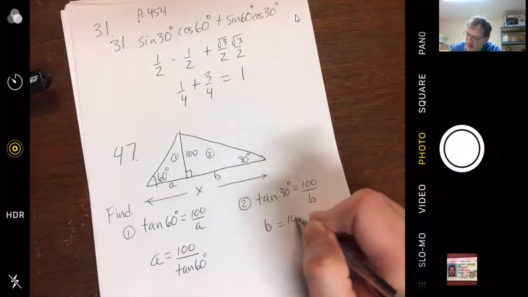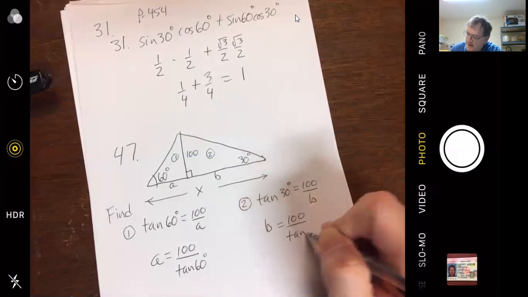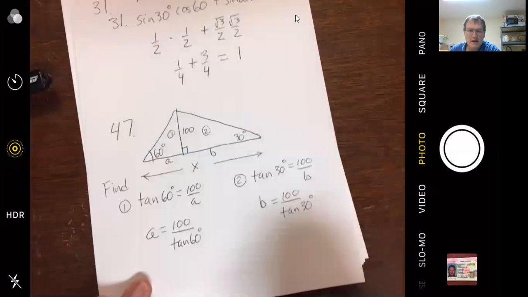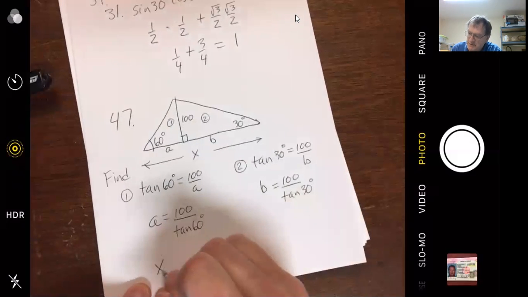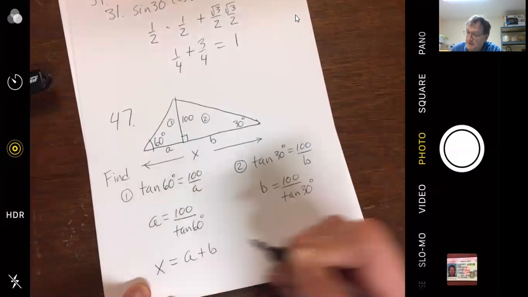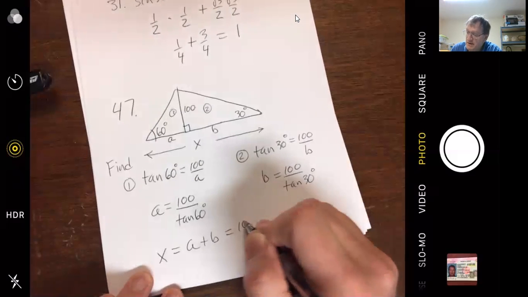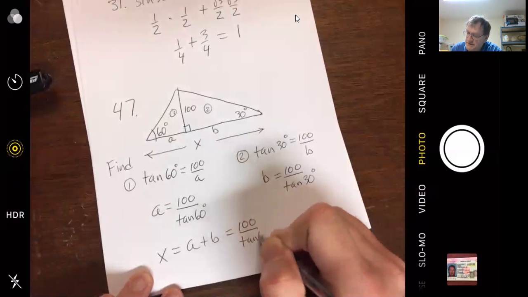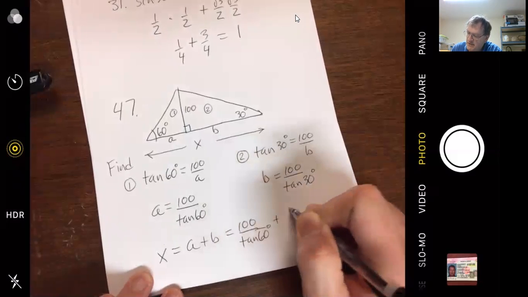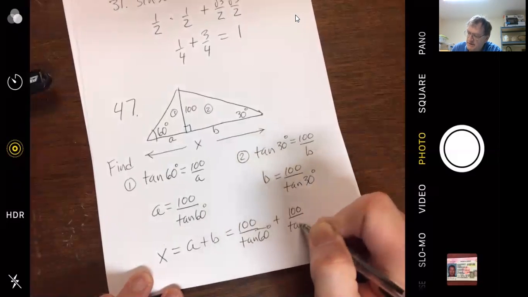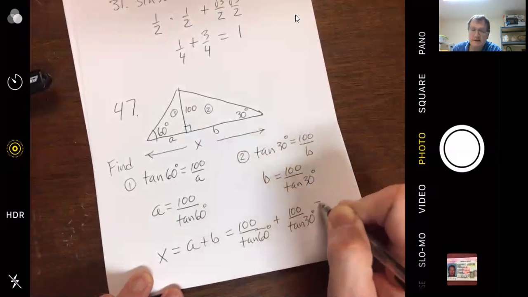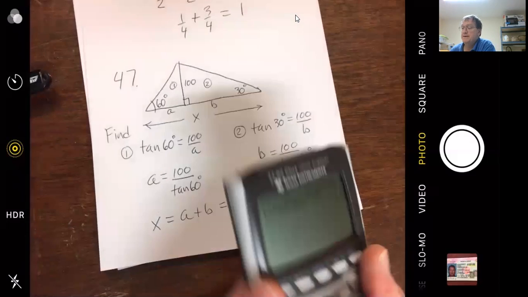B is 100 over tangent 30. And so your x would be A plus B, the total sum of those, which would be 100 divided by tangent 60 degrees, add 100 divided by tangent 30 degrees, and I can punch it all at once.